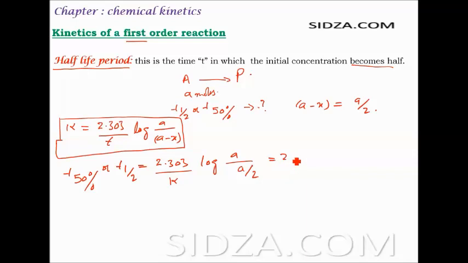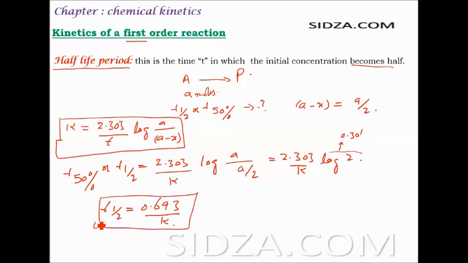Okay, so I can write it also like this: 2.303 by K into log 2, and we know this log 2 is 0.301. When you multiply this log 2 value, which is equal to 0.301, into 2.303, you can see that T half will be equal to 0.693 by K. So here we got the half-life period.